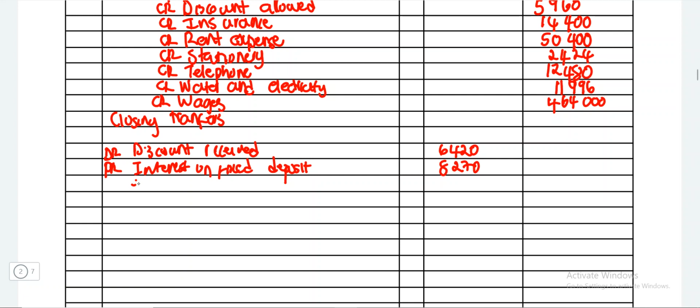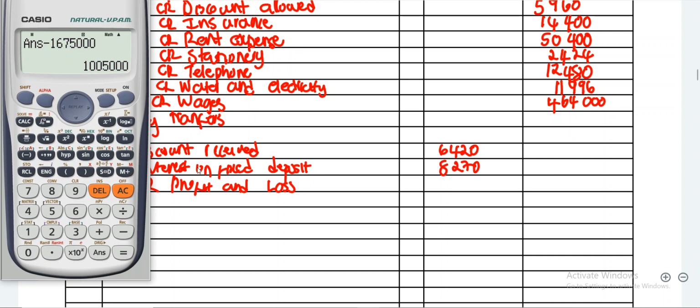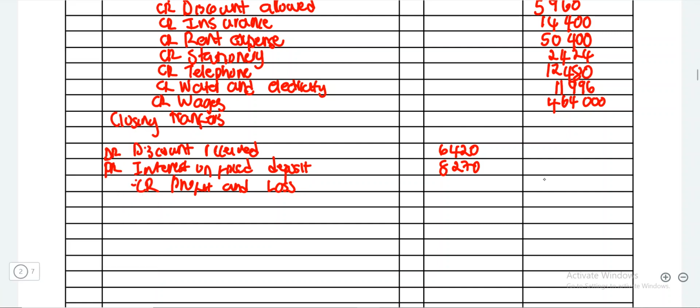We debited this one, so we must credit profit and loss, but remember you are going to credit it by the total of this. So I'm just going to add this 6,420 plus 8,270, and then it is giving us 14,690. So remember it is the sum of the two.